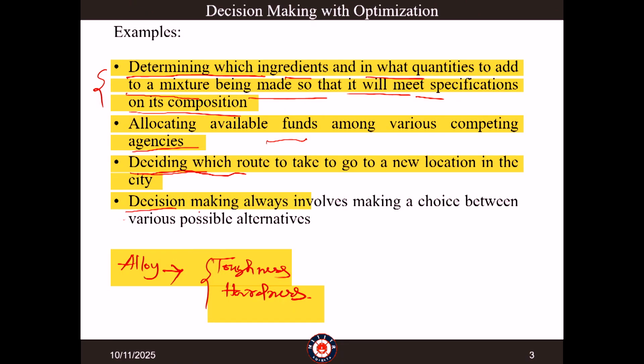One of the most important applications of optimization techniques is decision making. Decision making always involves making a choice between various possible alternatives.